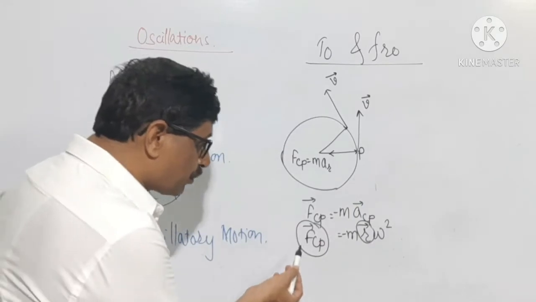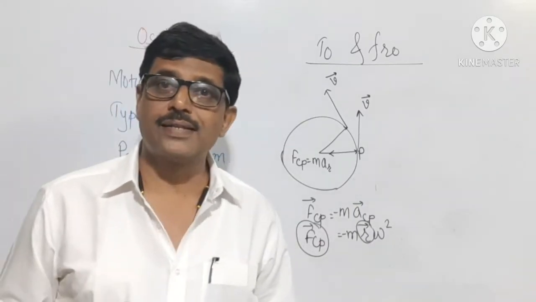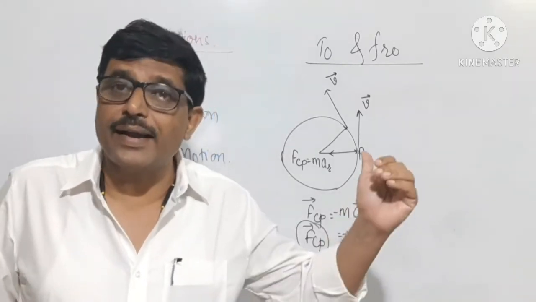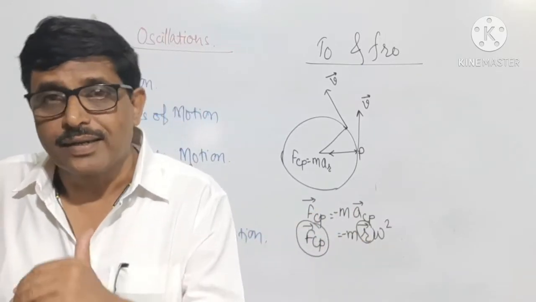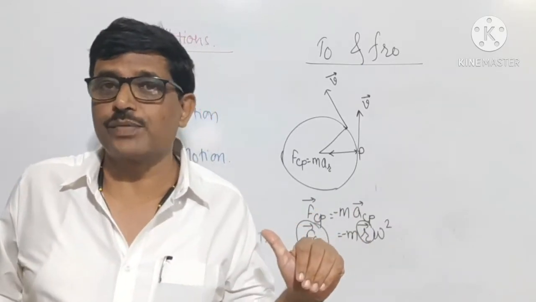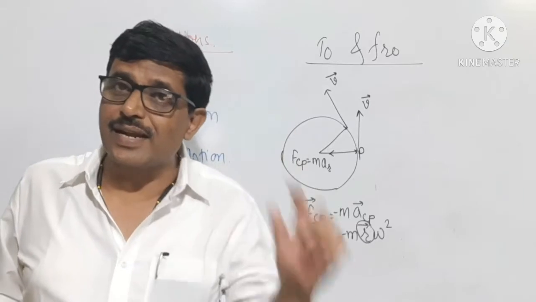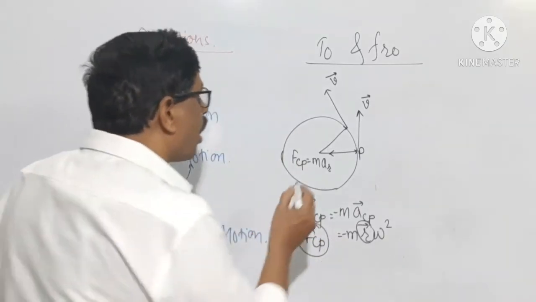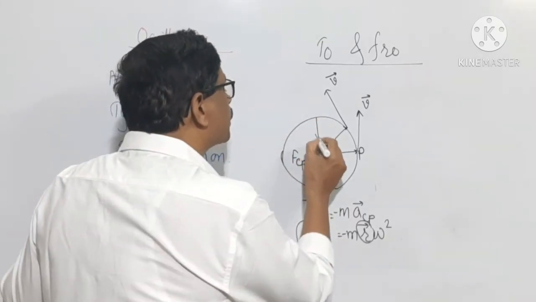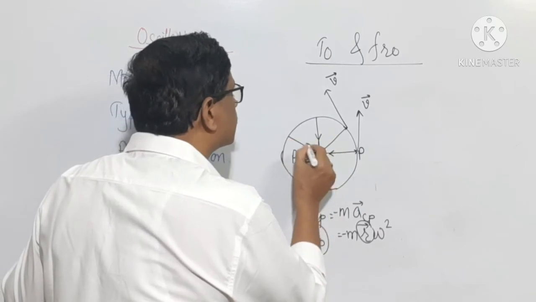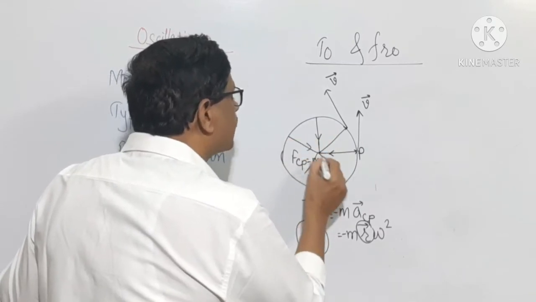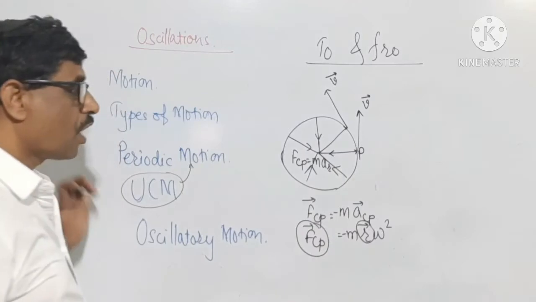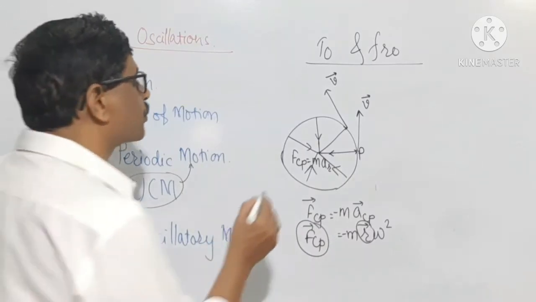The force in uniform circular motion is along the radius and towards the center. It is in the direction opposite to that of the radius vector, and this centripetal force is always changing its direction. There is continuous change in the direction of the centripetal force.